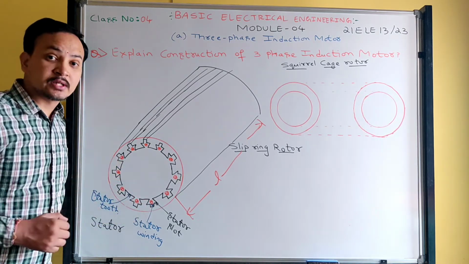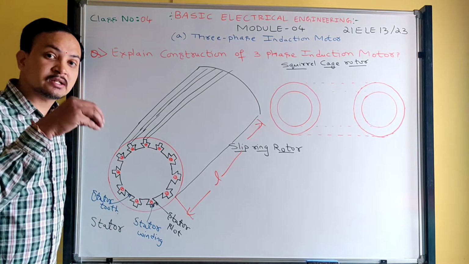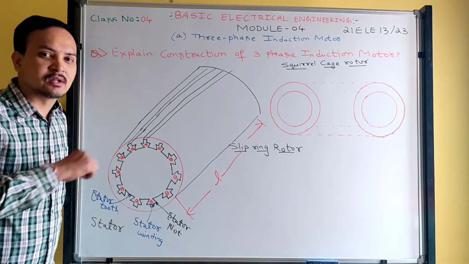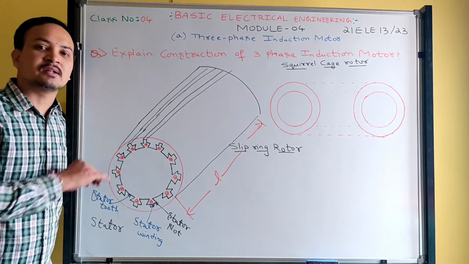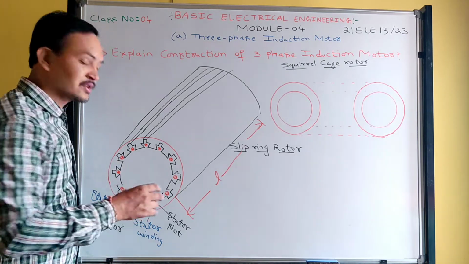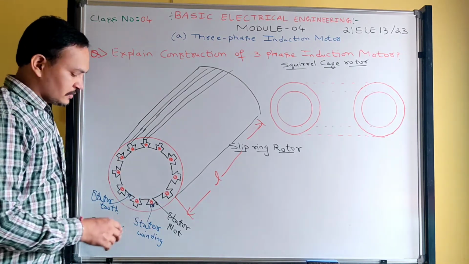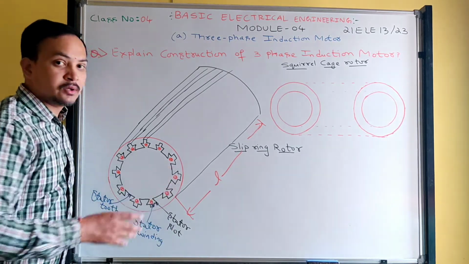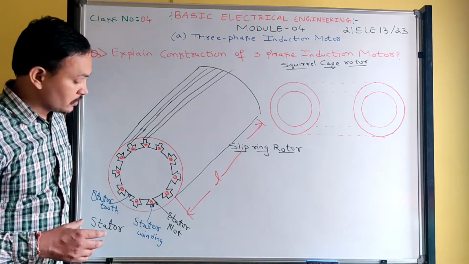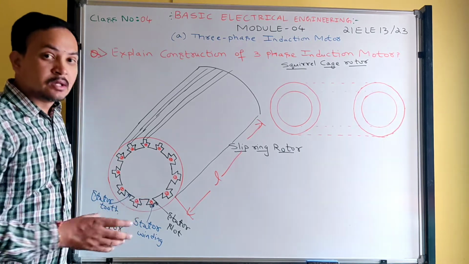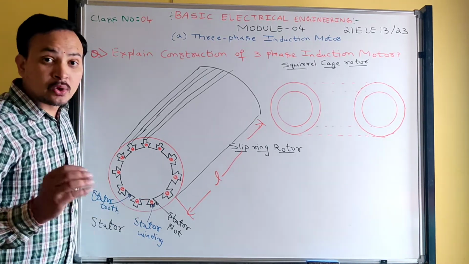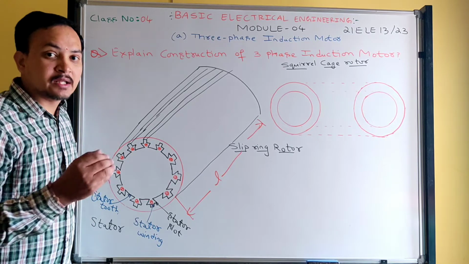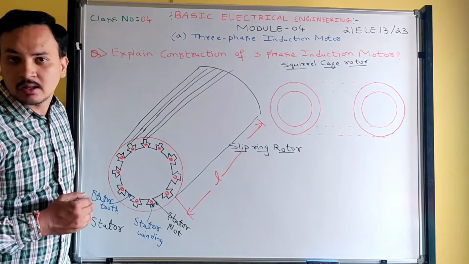So what is the function of stator slot? We can house the stator winding inside the slot. Okay, we can house the conductors in the slot. That is the function of the stator slot. So then about winding. Stator winding is similar to a three-phase winding. Okay, and these windings are displaced by 120 degrees with respect to each other and are given to the electrical supply.